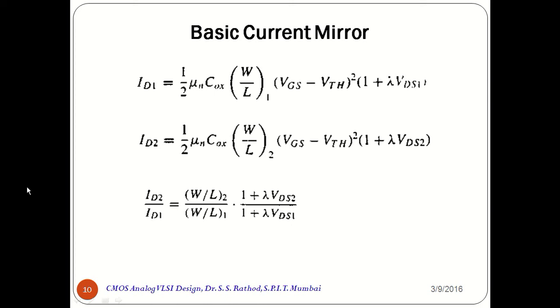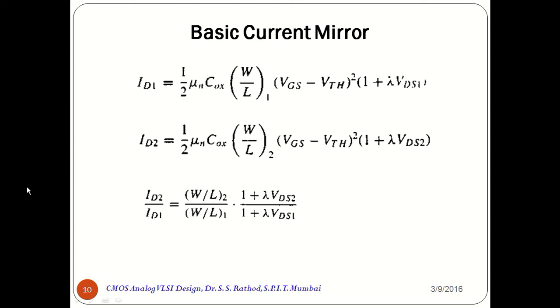In our discussion of current mirrors so far, we have neglected the channel length modulation. In practice, this effect results in significant error in copying currents, especially if minimum length transistors are used so as to minimize the width and hence the output capacitance of the current source.